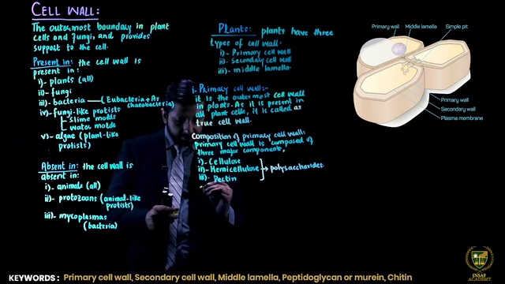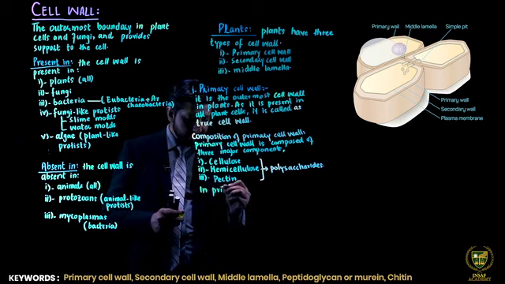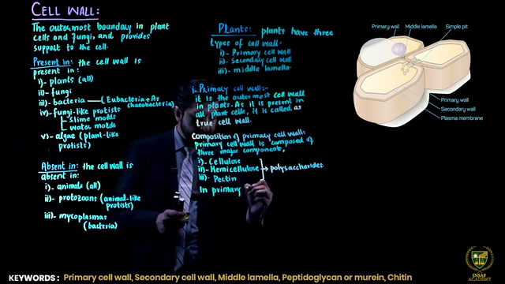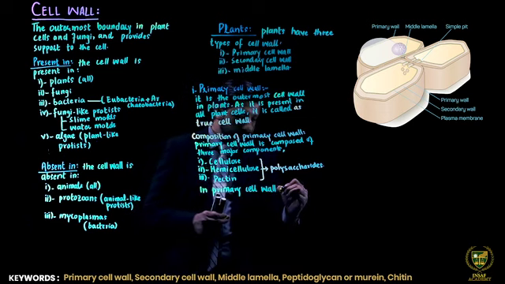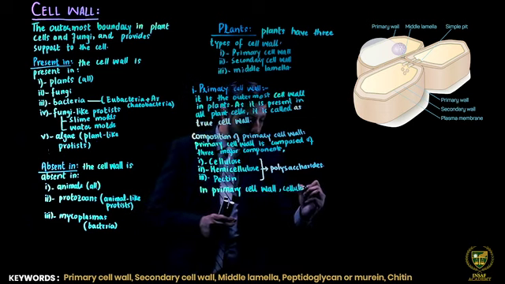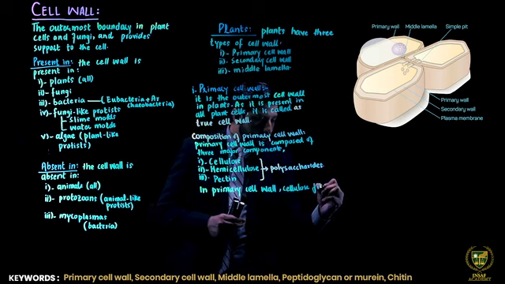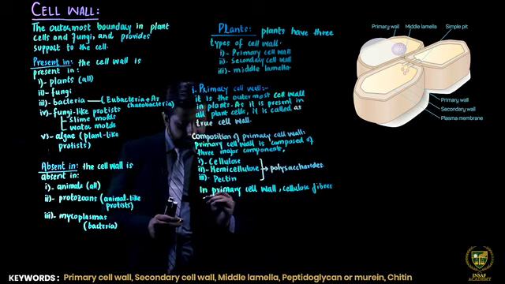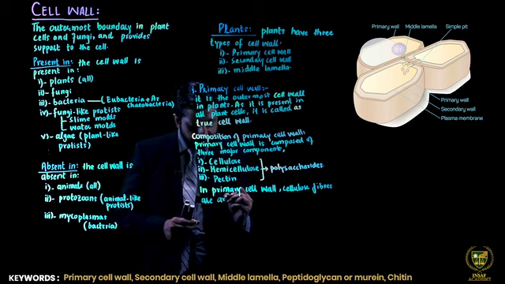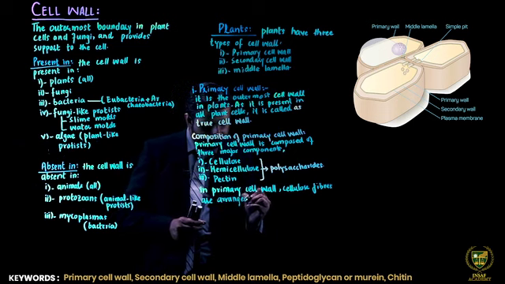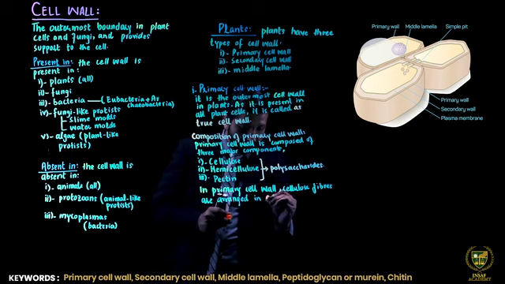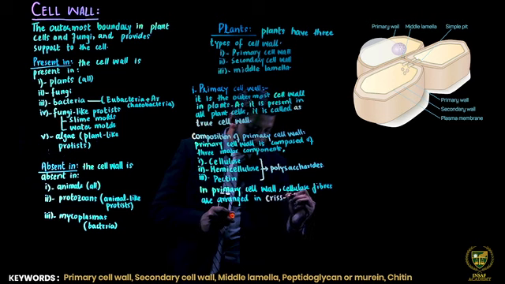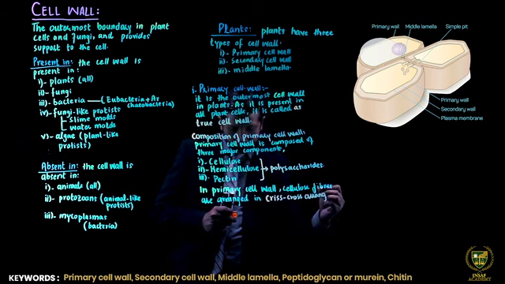In primary cell wall, the cellulose fibers are arranged in criss-cross arrangement.